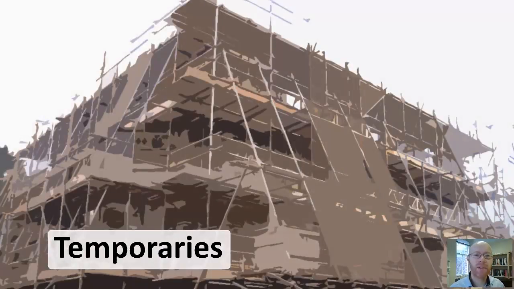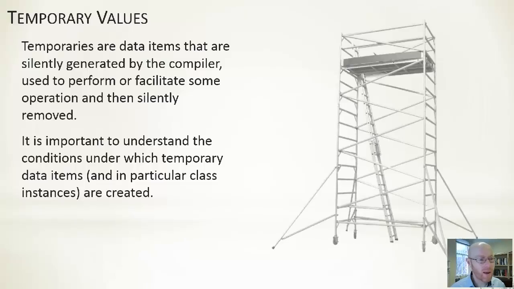Temporary objects is the next item we're going to have a look at. When we talk about the notion of L and R values, a temporary is going to be an R value. It's something that we as a programmer cannot refer to by name. It's created as a consequence of the processing that we're doing.